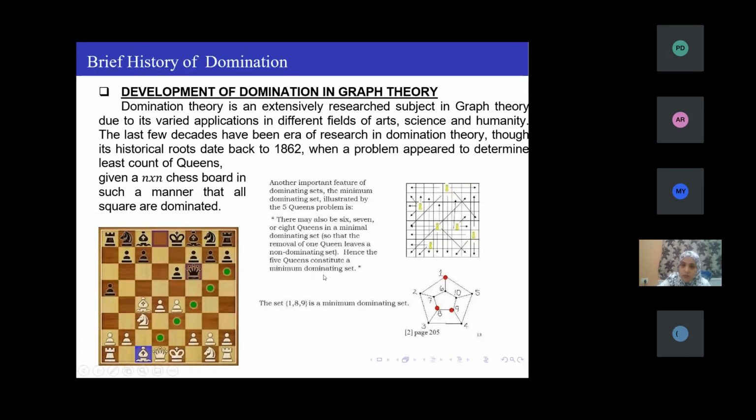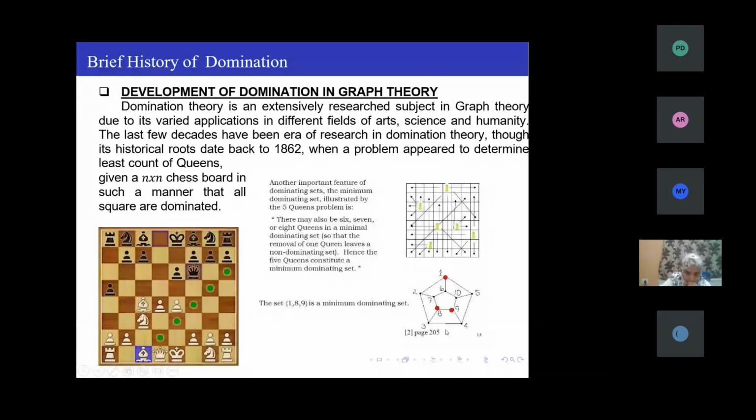Hence the 5 queens constitute a minimum dominating set. Here in this graph, any graph consists of vertices as well as edges. Here we have 1, 2, 3, 4, 5, 6, 7, 8, 9, 10 vertices.